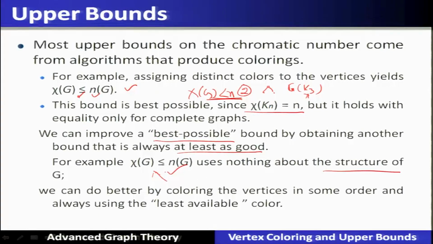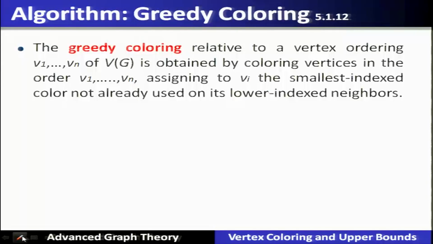So, we can do better by coloring the vertices in some order and always using the least available color. Greedy coloring algorithm. The greedy coloring relative to the vertex ordering, that is V1, V2 and so on up to Vn, a particular ordering of the vertices of a graph G, is obtained by coloring the vertices in this given order, assigning to a vertex Vi the smallest index color not already used on its lower index neighbors.